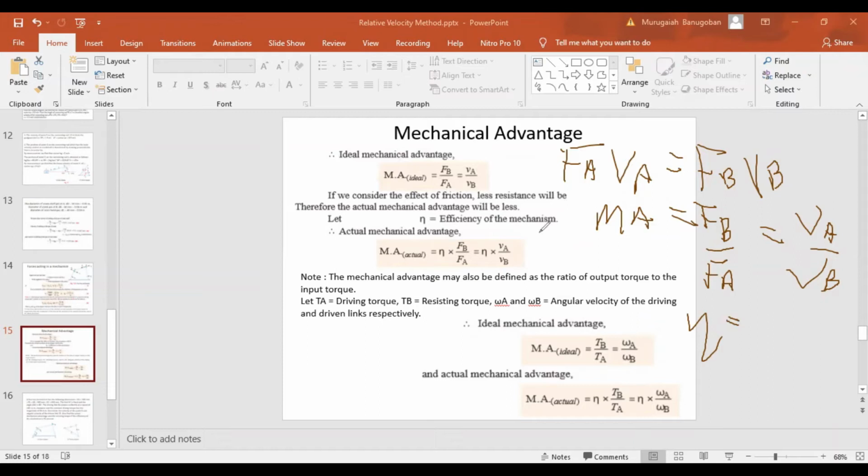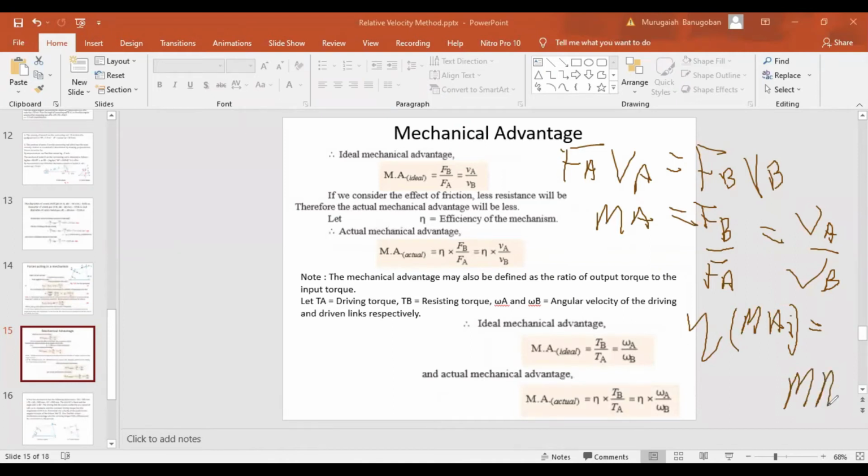So for the actual mechanical advantage, you need to multiply the ideal with the eta, right? Eta into ideal mechanical advantage will give you the actual mechanical advantage.